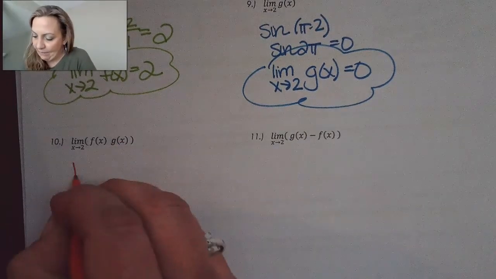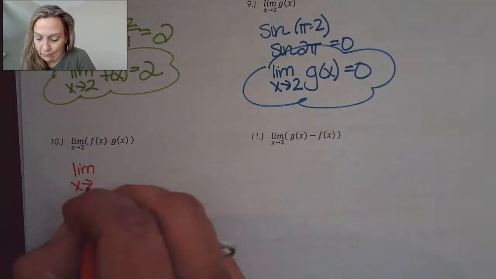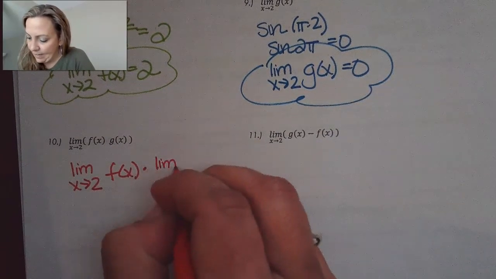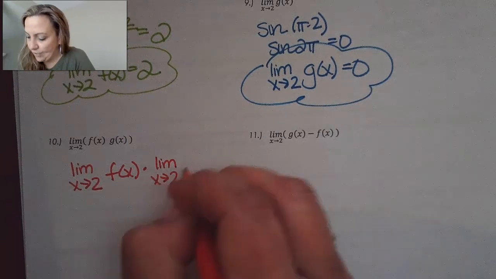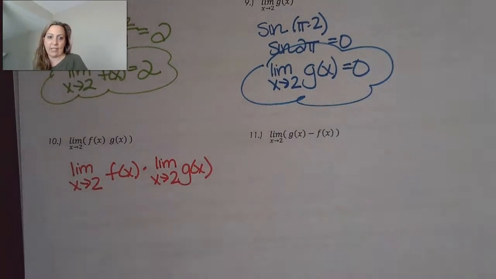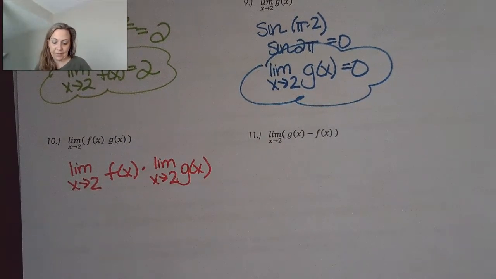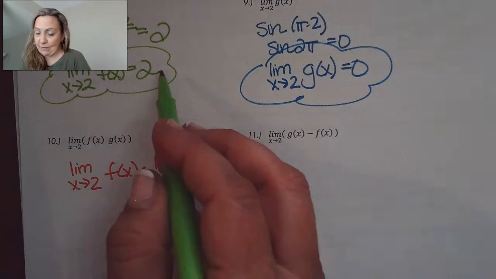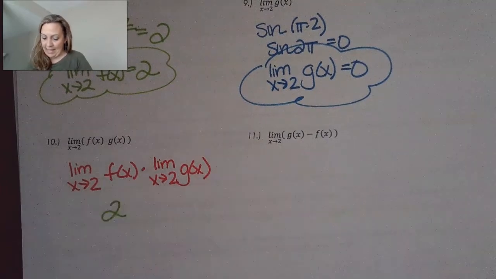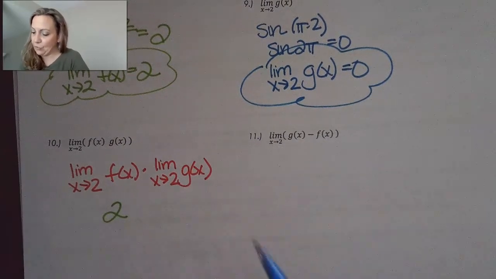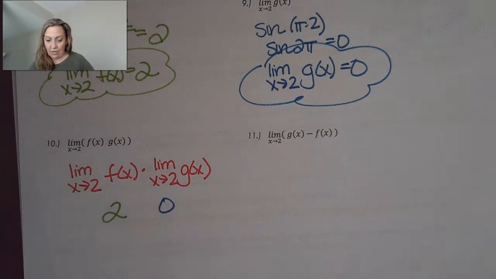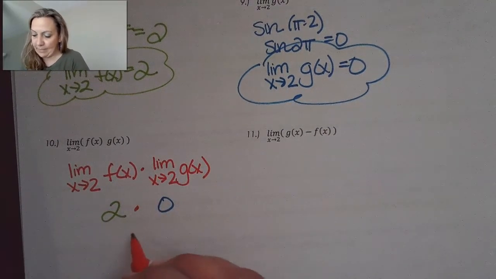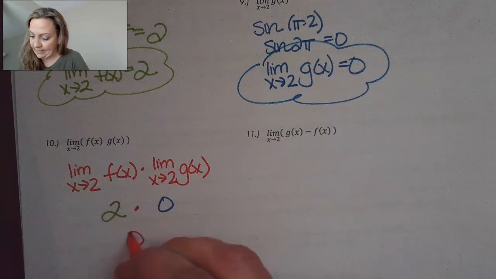And we know that if we have a product, we can take the limit of each function and multiply those together. So the limit as x goes to 2 of f of x we found was 2, and the limit as x approaches 2 of g of x is 0. And so what that means is that we would just take 2 times 0, and that would give me 0.